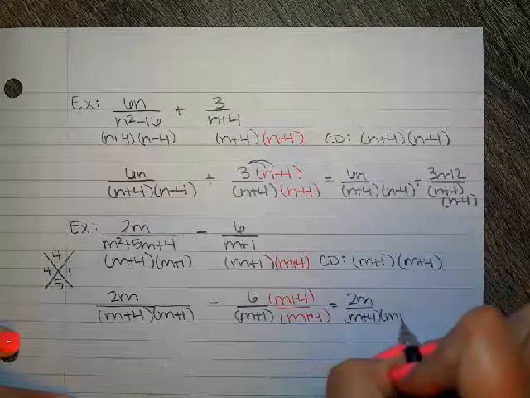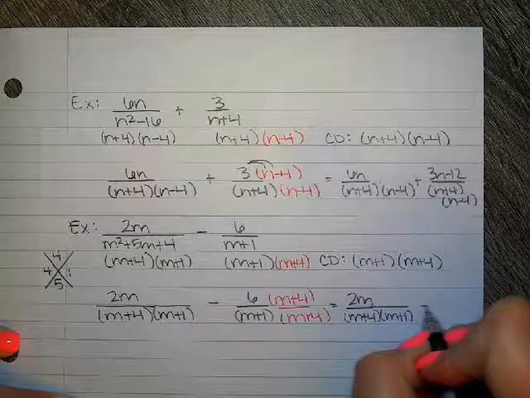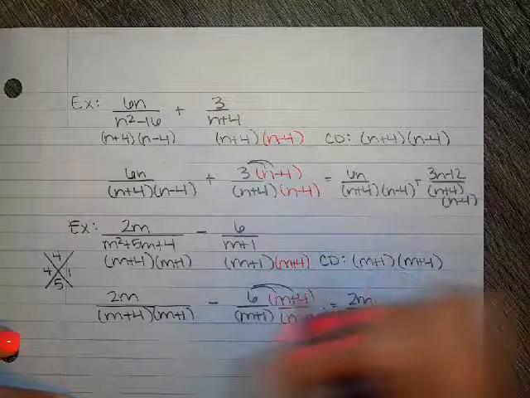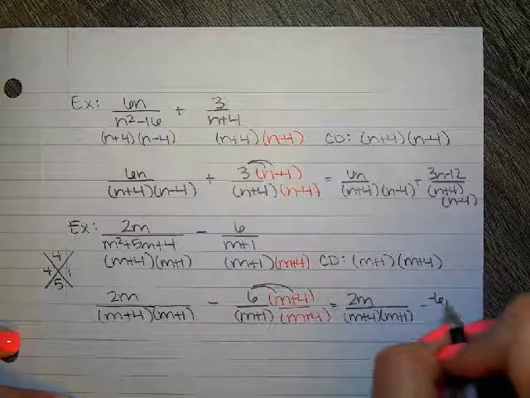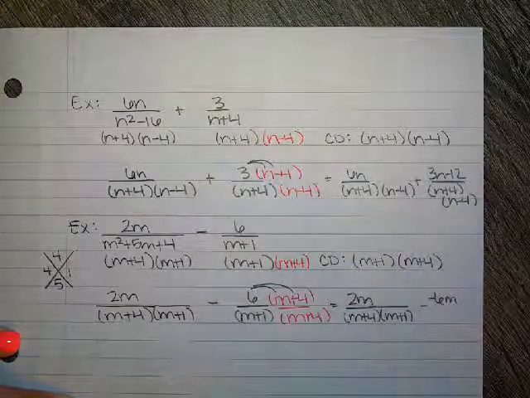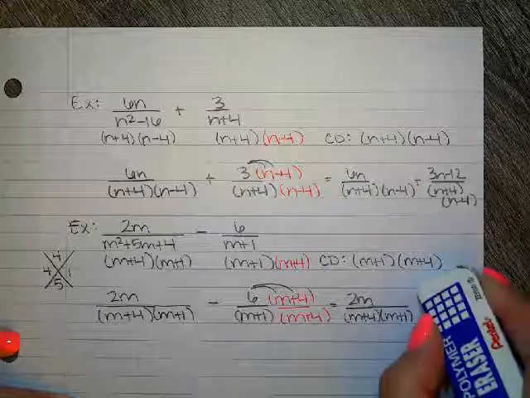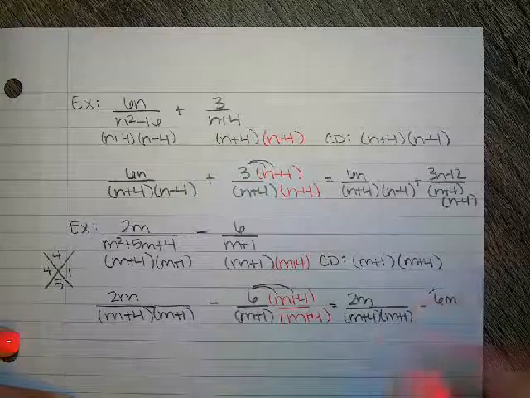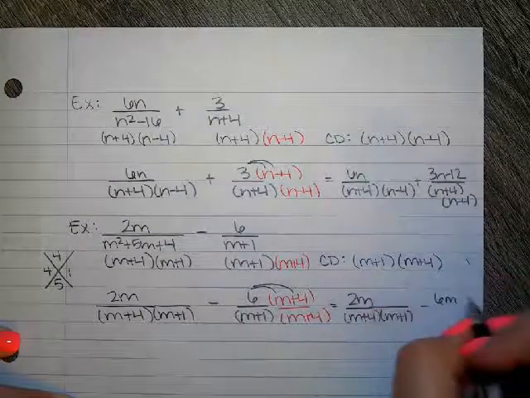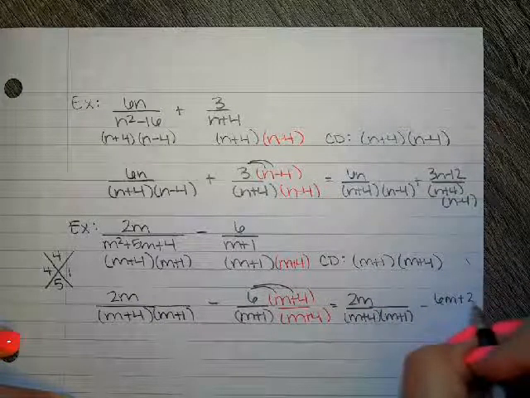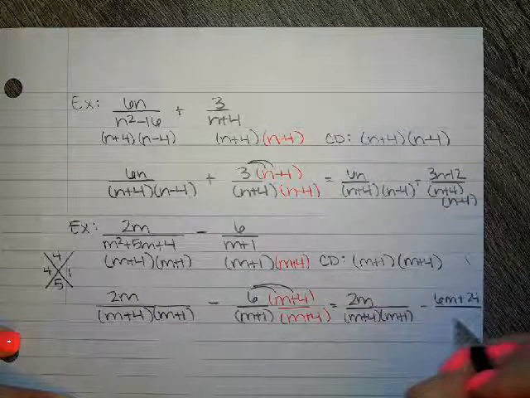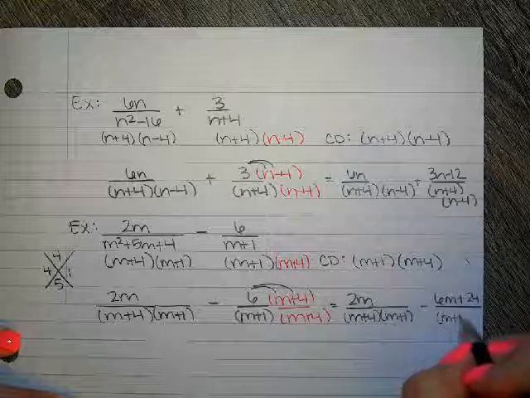Then I can go ahead and distribute negative 6m, not negative, sorry, I was thinking of the negative from the negative problem. We're not messing with that right now. 6m plus 24 over m plus 1, m plus 4. And we put that underneath, and we are done.